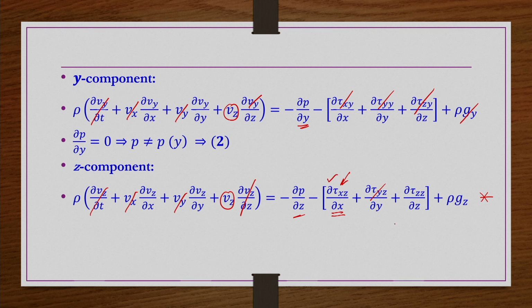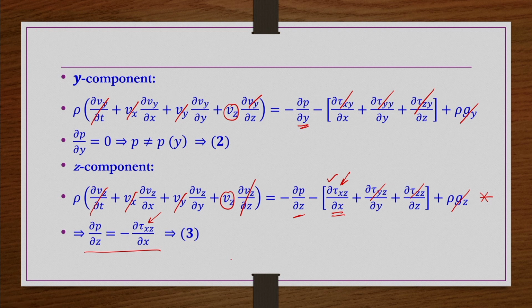Tau yz is not existing, tau zz is not existing, and gravity is not existing because we are taking a horizontal configuration. So, here dou p by dou z is equals to minus dou tau xz by dou x. Now, in place of tau xz you substitute minus m dou vz by dou x power n, and then simplify to get the required velocity profile.